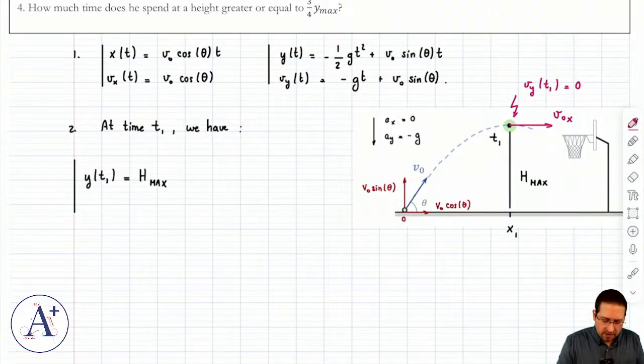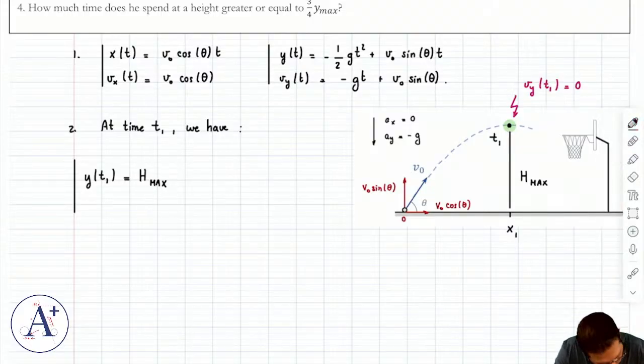However, you are not moving up, because if you were, you would not have reached your max height yet, and you are not yet moving down, because if you were, then, well, you wouldn't be at your max height anymore because you're moving down. So it's neither, and therefore Vy at t1 is equal to 0. So these two things have to be true at time t1.